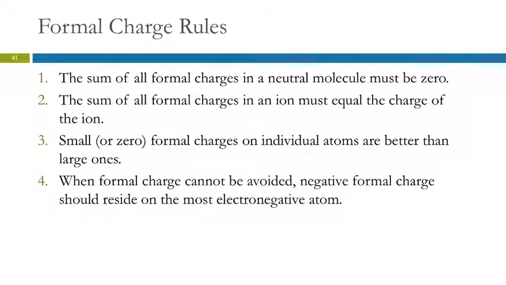So looking at formal charges is going to help us choose between different Lewis structures that satisfy the octet rule, but obviously they can't all be correct. If you can't avoid formal charges, and with an ion, there has to be a formal charge somewhere, but sometimes neutral molecules also have formal charges, then you're going to put the negative formal charge on the more electronegative atom, because that's the one that's attracting electrons anyway.